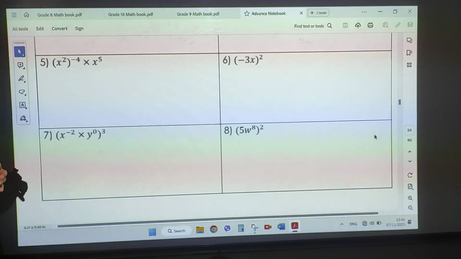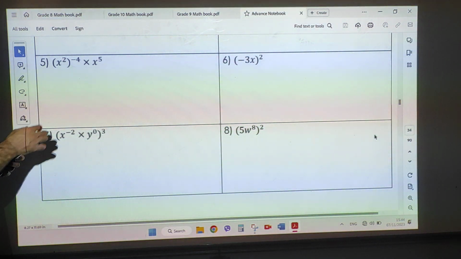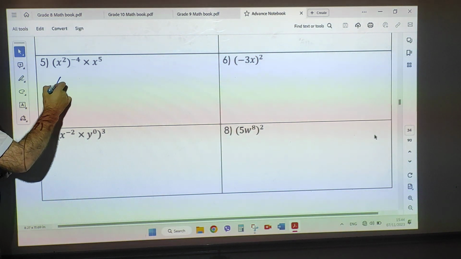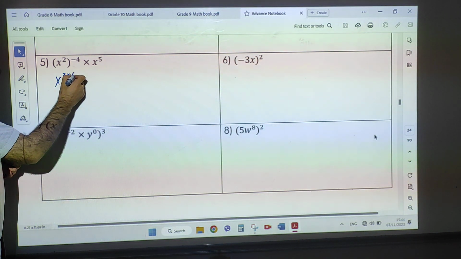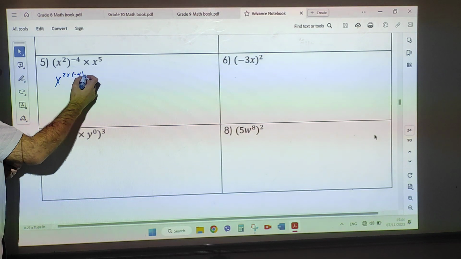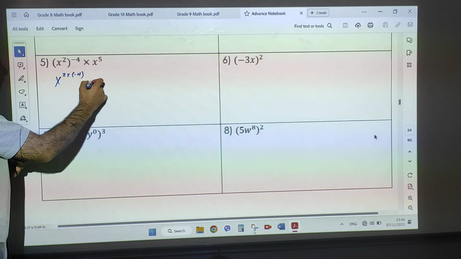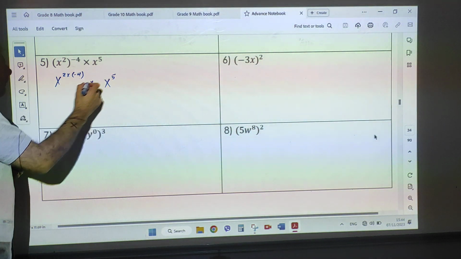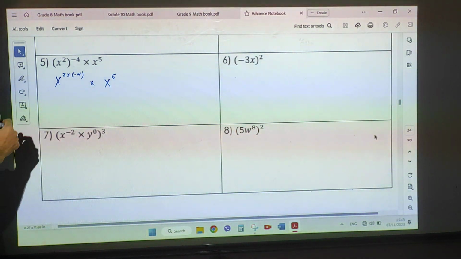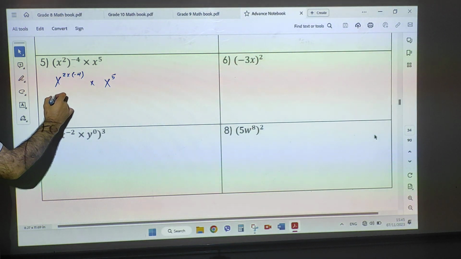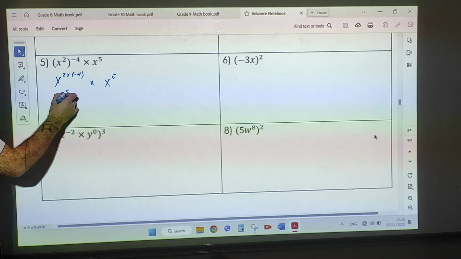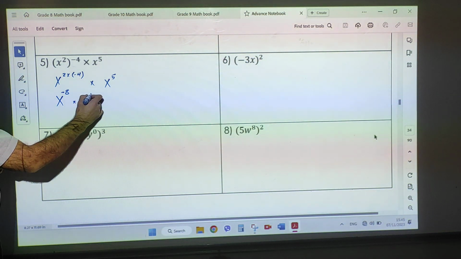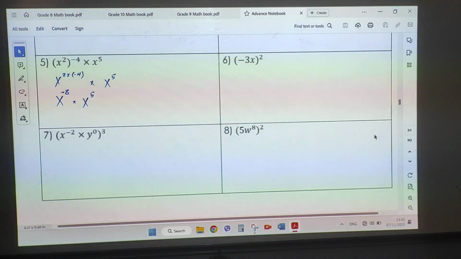For this one, let's do the first step. We do that with the bracket. It would be x power 2 multiplied by negative 4, multiplied by x power 5. It will be x to the power of negative 8 multiplied by x to the power of 5.